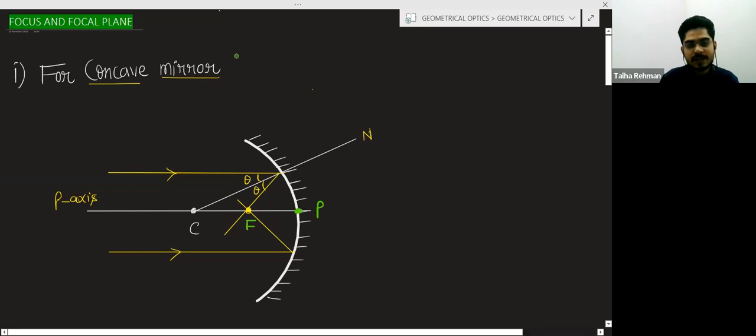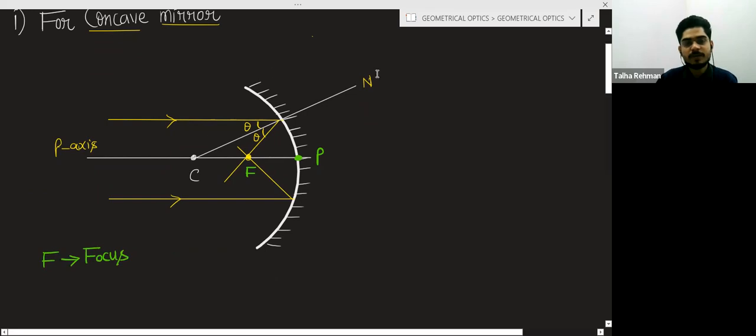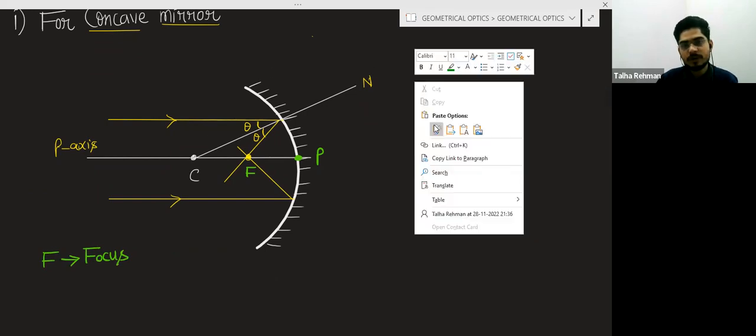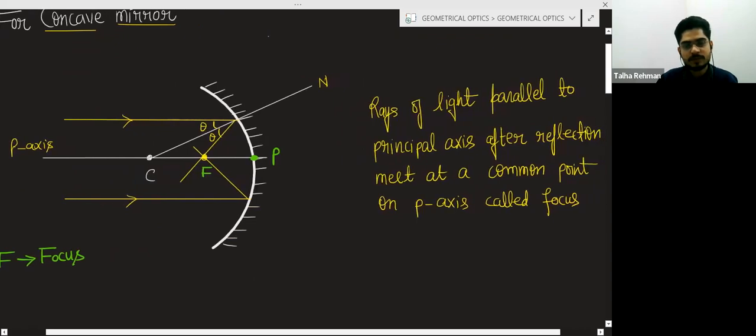This point is known as the focus F, the focus of the concave mirror. You can write the definition of focus.